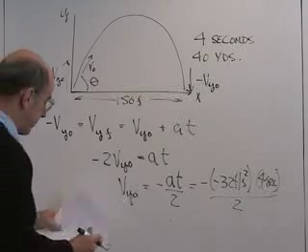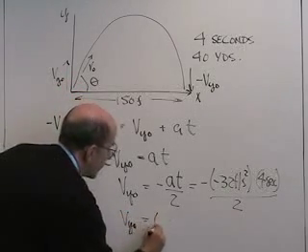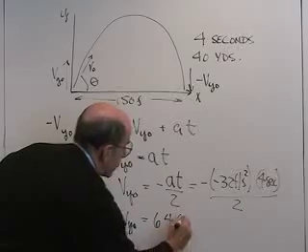And so that says to me that Vy0 should be 64 feet per second.